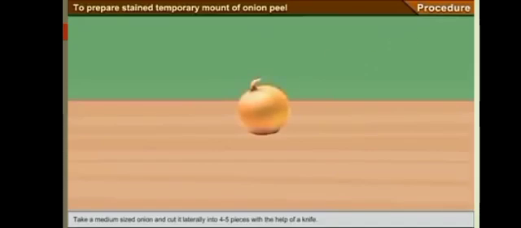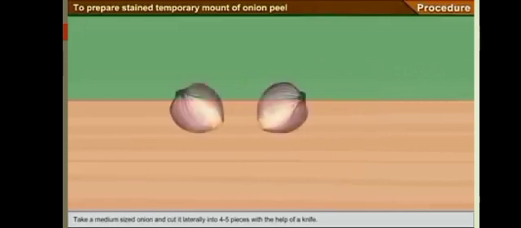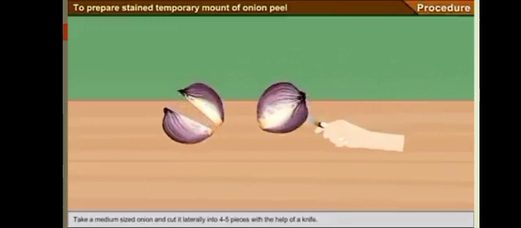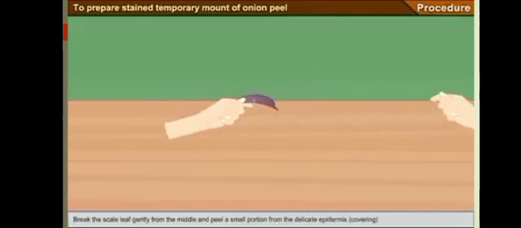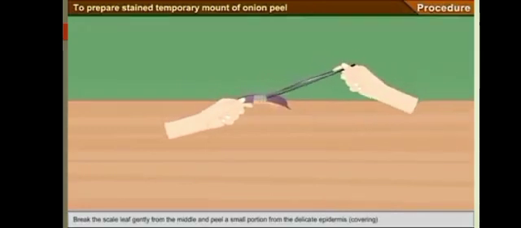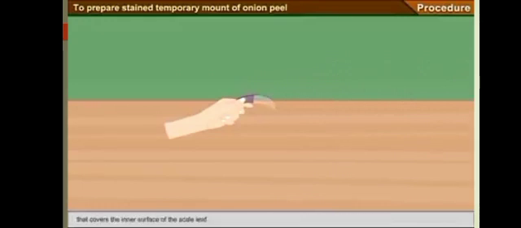So first of all we have to take a medium sized onion and then we will cut it into 4 to 5 pieces with the help of a knife. Then from the cut part we will collect one scale leaf and we will break it so that from the inner part we can get the delicate transparent membranous structure which is known as the onion peel.